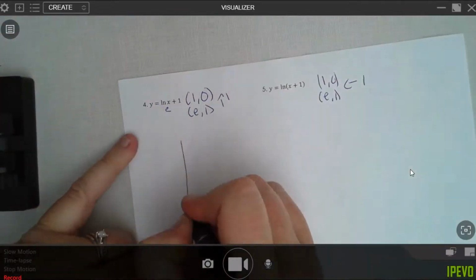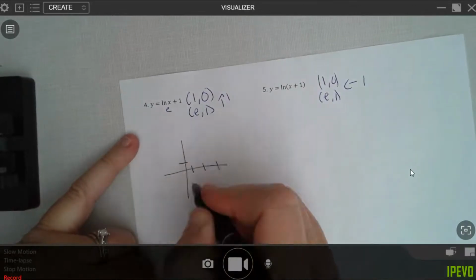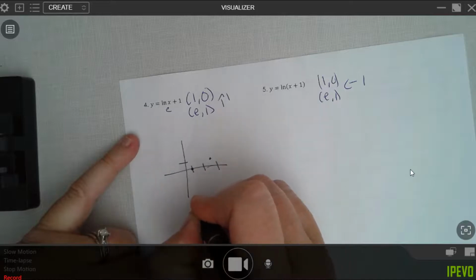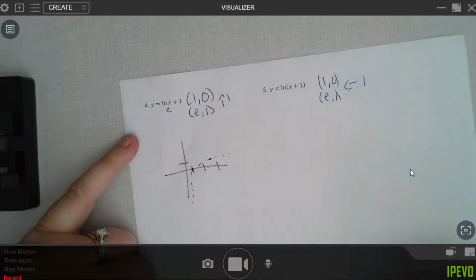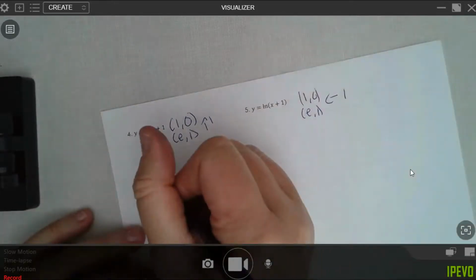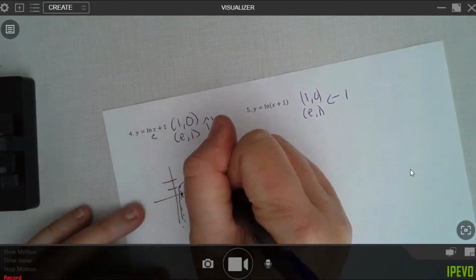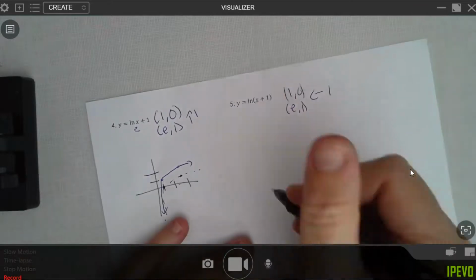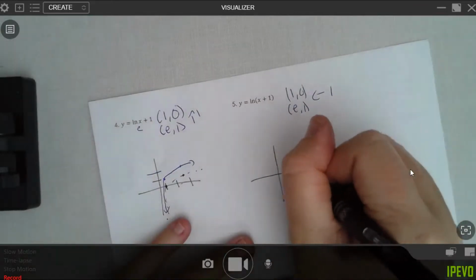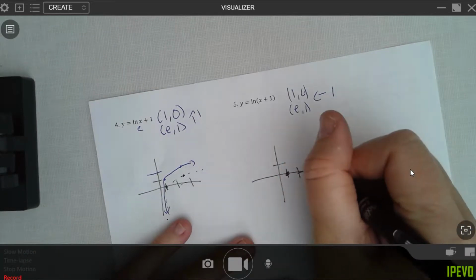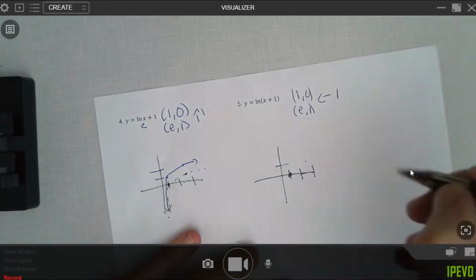So before movement, we would have this dot and 2.7 about here. Move both those dots up 1. (1, 0), (e, 1). I can move those left 1 now.